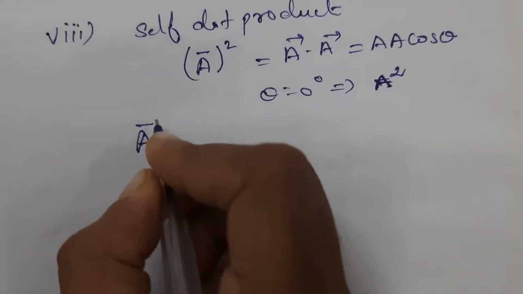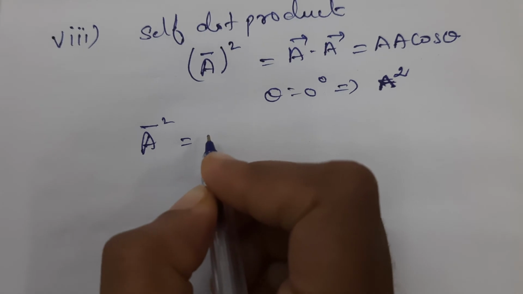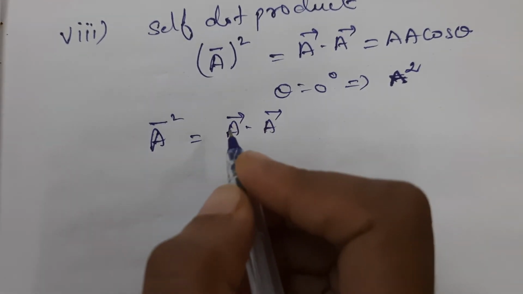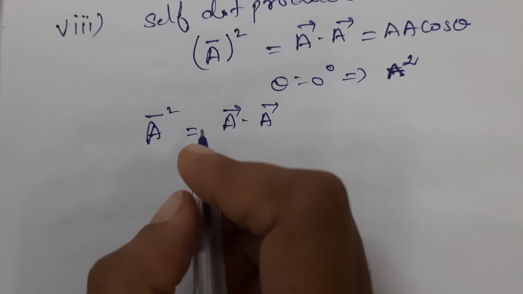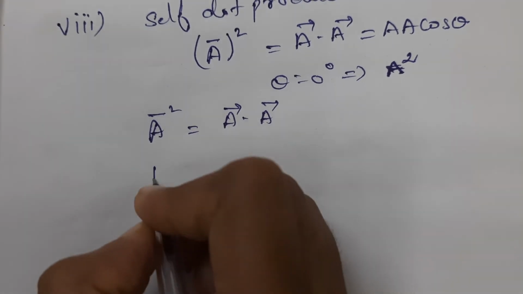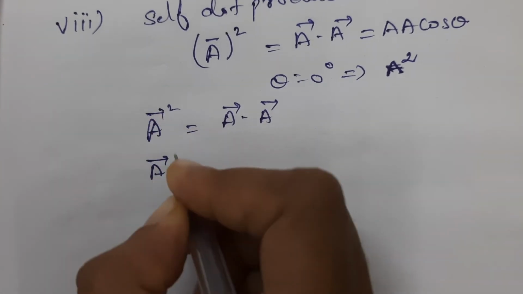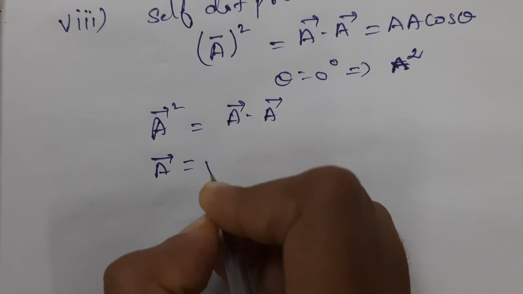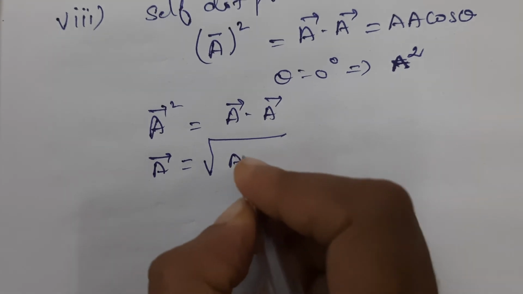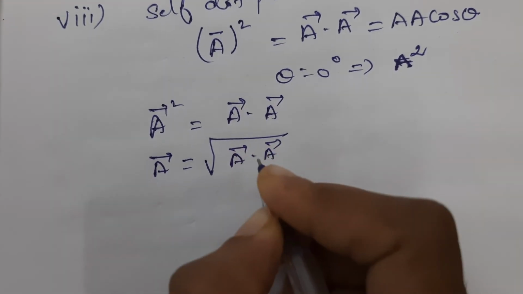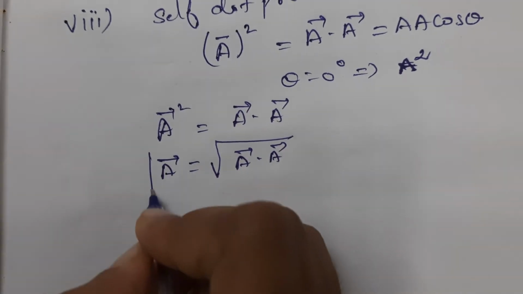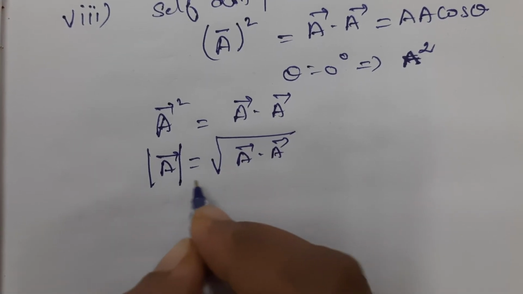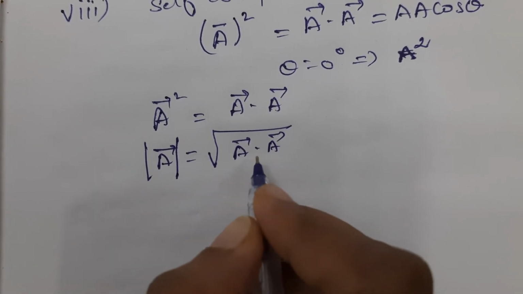So A vector square is equal to A dot A, or else the magnitude or norm of the vector A vector is equal to square root of A dot A. That is the modulus. The magnitude of the vector can be written as modulus A vector equal to square root of A dot A.